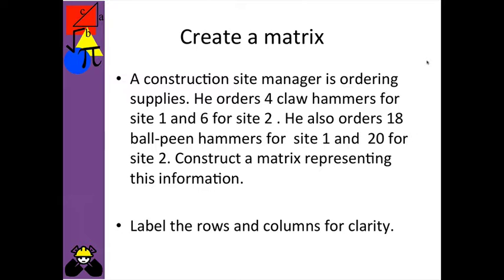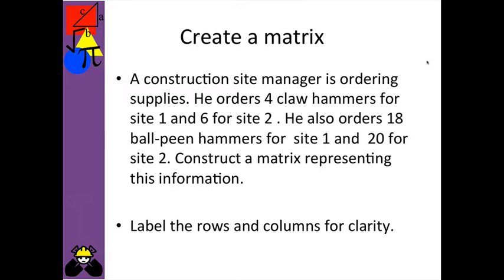Now, here's some information for you. We're going to start taking a real life situation and making it into a matrix. So here's a construction site manager ordering supplies. He orders 4 claw hammers for site 1 and 6 claw hammers for site 2. He also orders 18 ball peen hammers for site 1 and 20 for site 2.